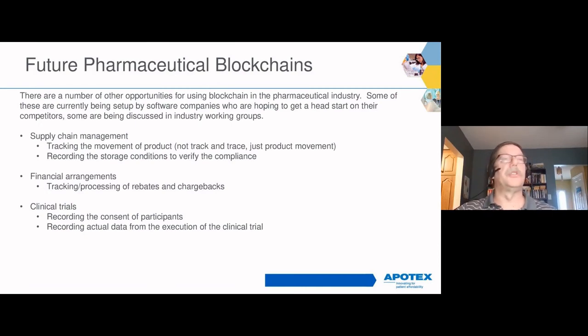Financial arrangements is another one. Chronicled in particular is suggesting this be done. They're looking at tracking and processing of rebates and chargebacks. Again, this one seems like a kind of odd thing because you wouldn't want to share that data across the whole industry.